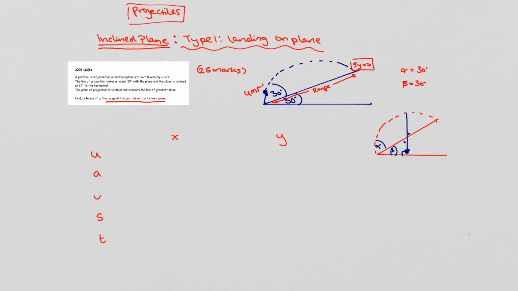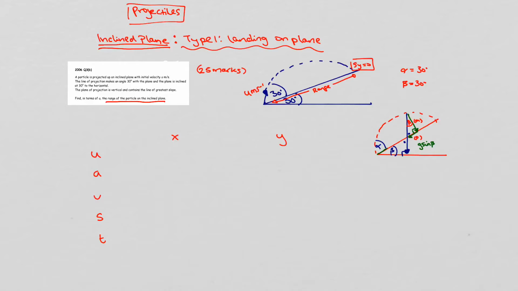If I do the perpendicular component and the parallel component, we can see this is also a 90-degree triangle, and this is beta. So the angle within that diagram must also be beta. The opposite is going to be in terms of sine, and the adjacent in terms of cos. So when we resolve our gravity, it's going to be g sine beta, but in the opposite direction.